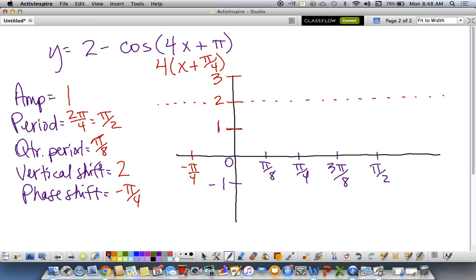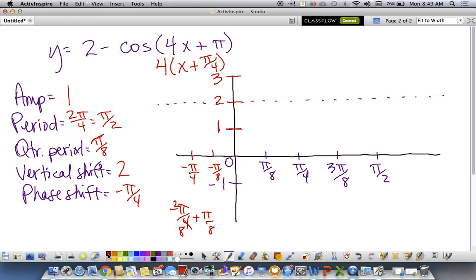Do you want to try it? Start at your starting point and add your quarter period. So I still have to do common denominators. So negative 2 pi over 8 plus pi over 8. Still a negative pi over 8.